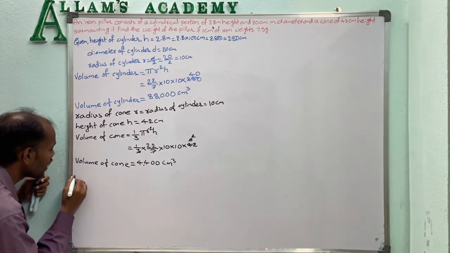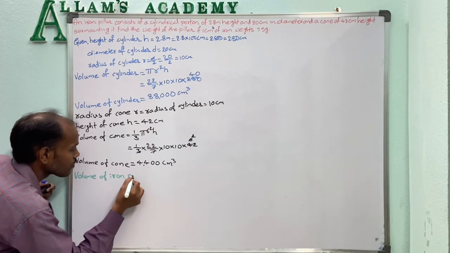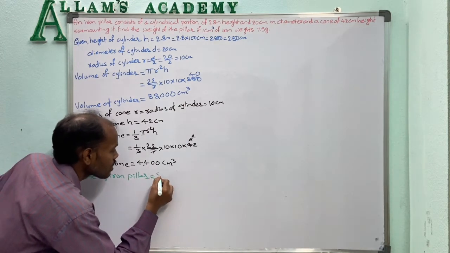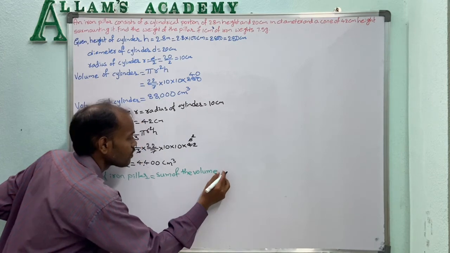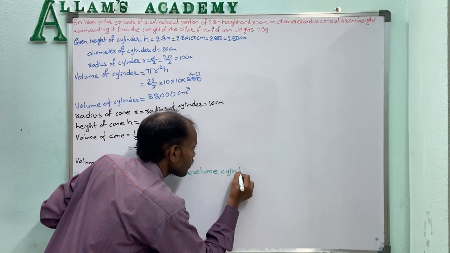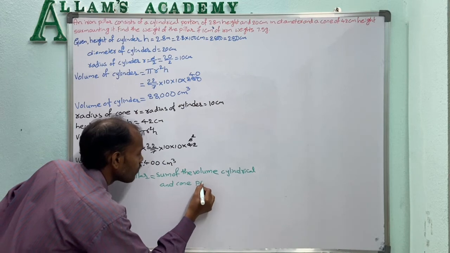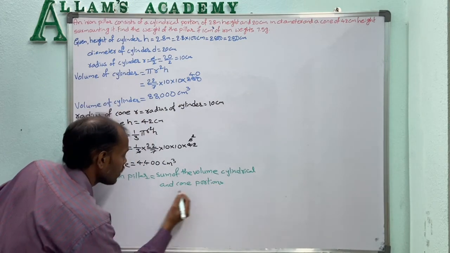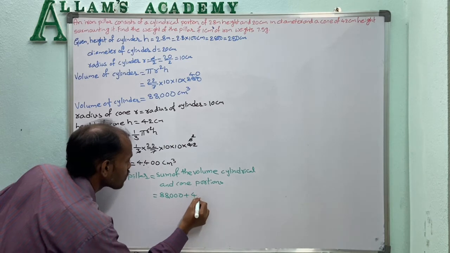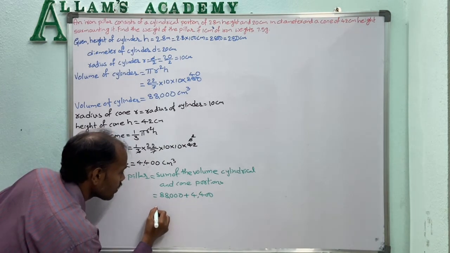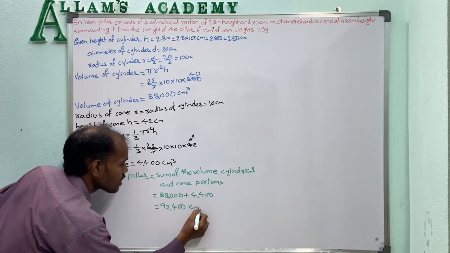Now we have to find the total volume of the pillar. So volume of pillar is equal to the sum of the volumes of the cylindrical and cone portions, that equals 88,000 plus 4,400, that is equal to 92,400 centimeter cube.